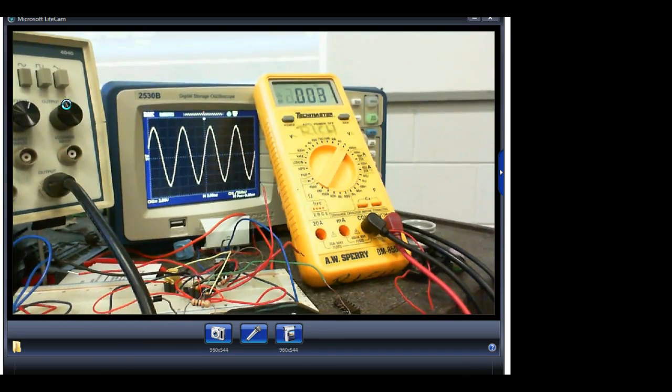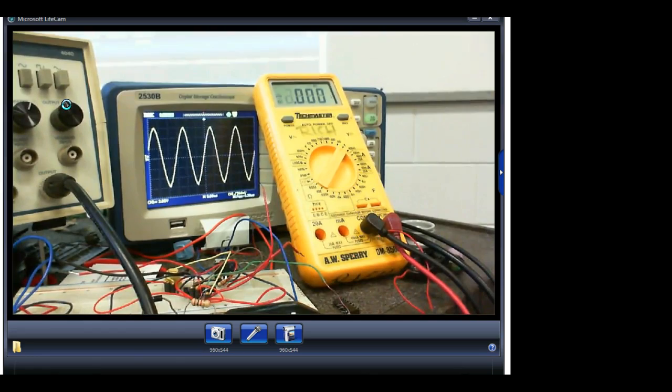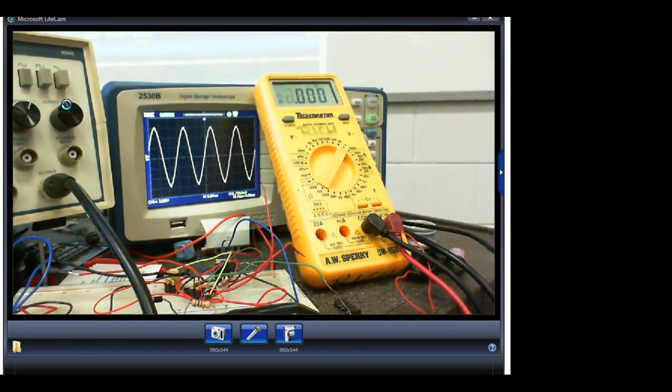Not too bad, right? I mean, good gracious, 1.7, 1.4, that's about 300 millivolts different from my calculated and my measured. Not too bad. I'm going to come over here and get my oscilloscope now, and look at this, a 2-channel oscilloscope.